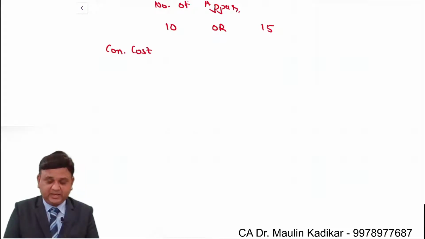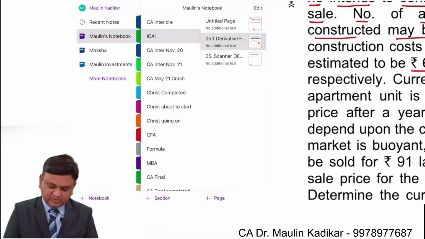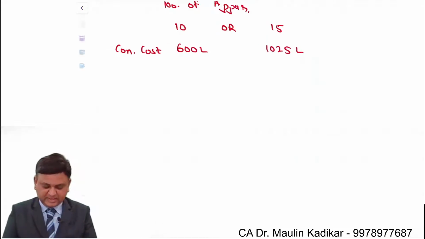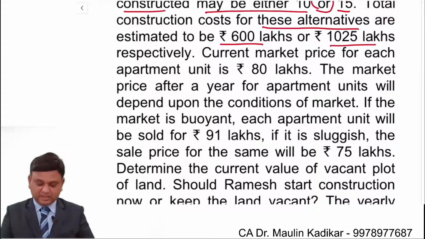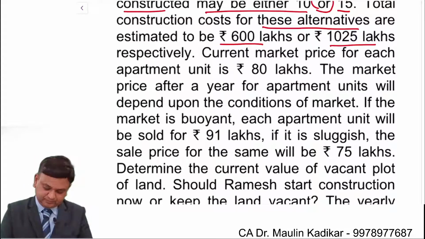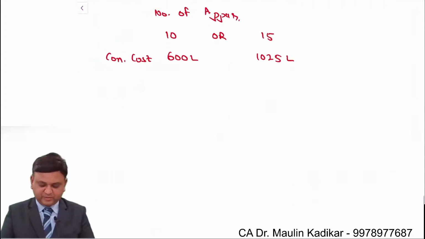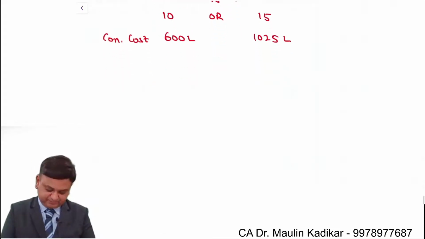In case of 10 it is 600 lakhs and in case of 15 it is 1025 lakhs. The current market price for each apartment unit is 80 lakhs. So today the price is 80 lakhs.